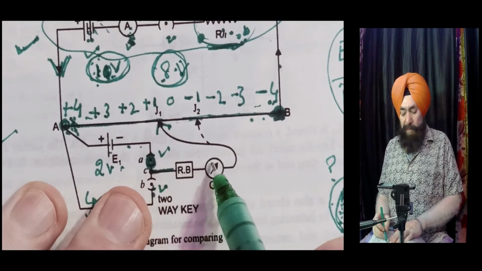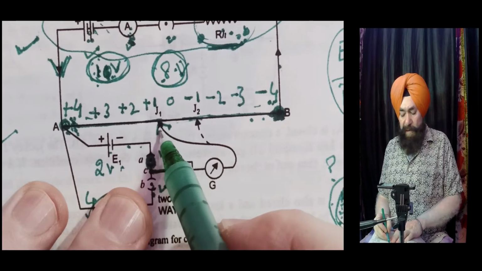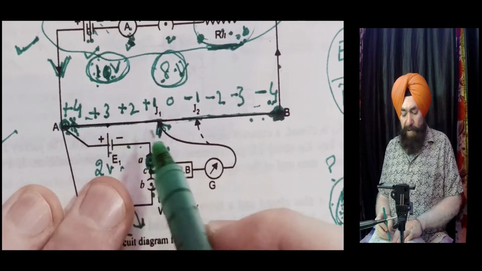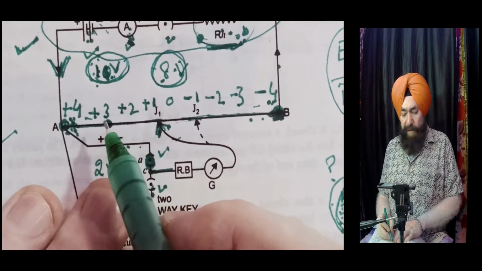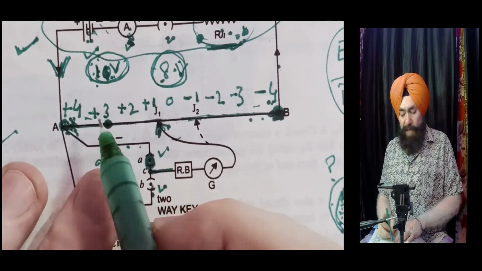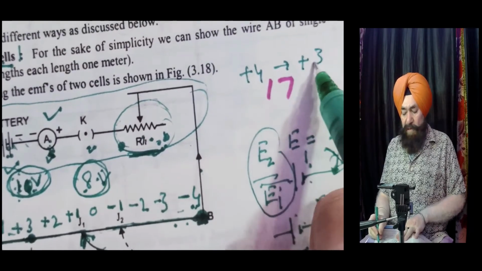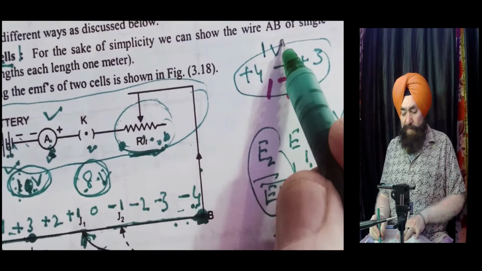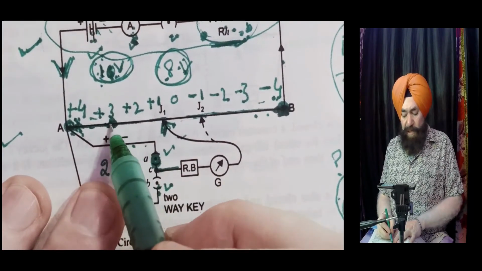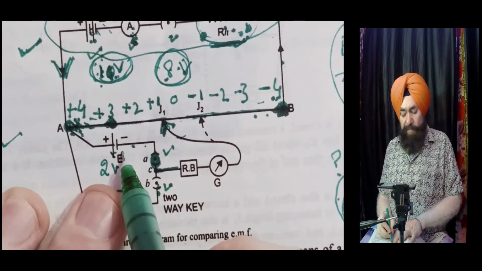Now what I do is, this is the jockey, right? I touch the jockey here first of all. When I touch the jockey here, there is one voltage on the wire. How much? Plus 4 to plus 3. What is the difference? 1 volt. When I touch the jockey here, this voltage will be 1 volt, and this voltage is 2 volt.